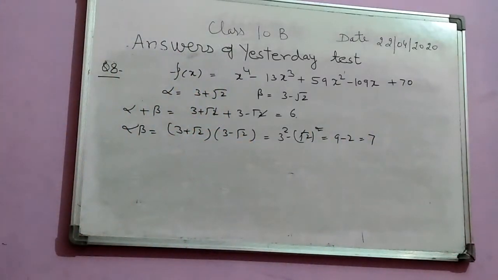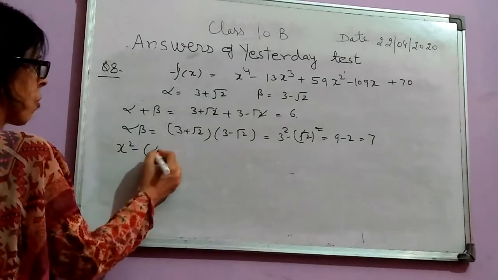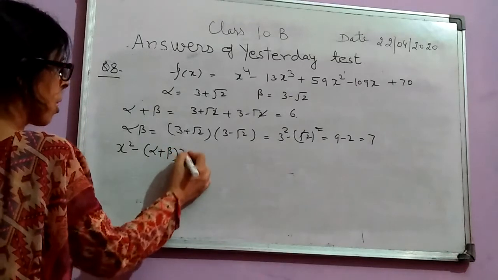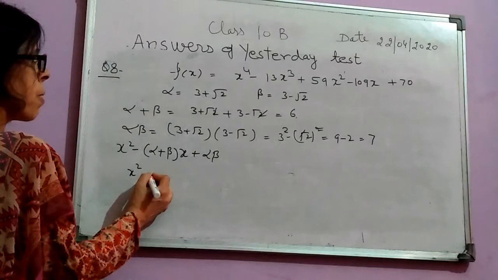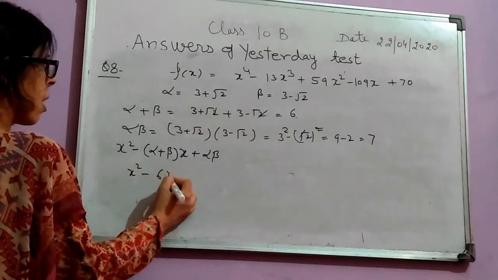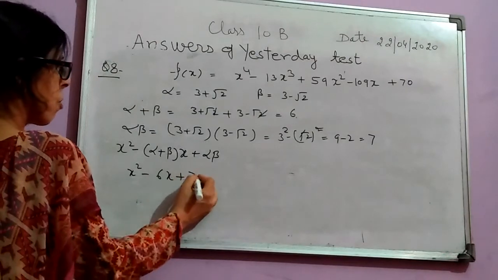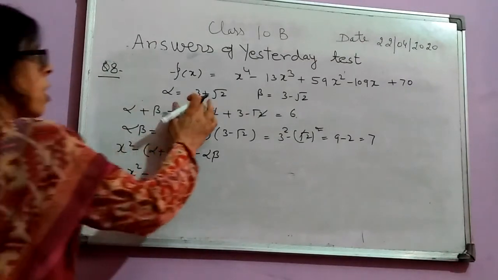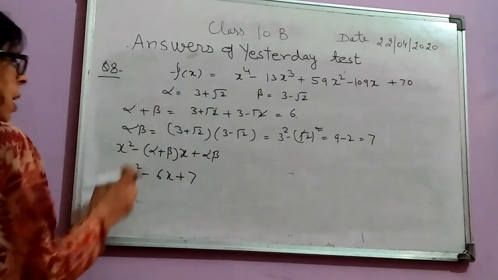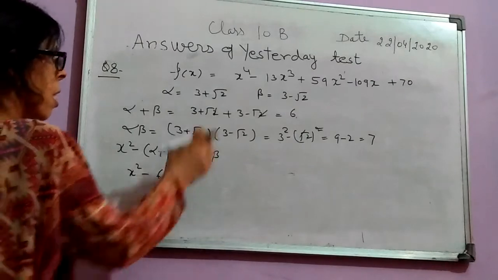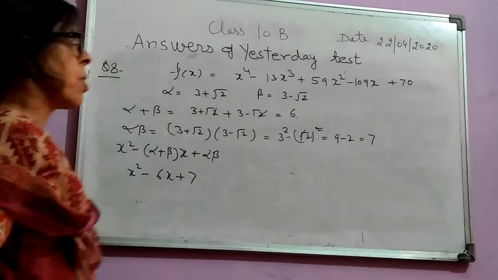Now after finding the sum of zeros and product of zeros, the polynomial formula is x square minus (alpha plus beta) into x plus alpha beta. X square, alpha plus beta is 6 and alpha into beta is 7. So this is the required polynomial of these zeros. Now divide f(x) by this polynomial so that the zeros 3 plus root 2 and 3 minus root 2 are cancelled out from this polynomial.